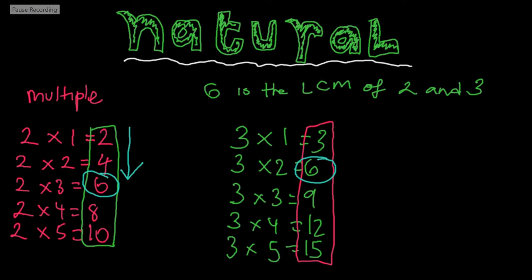Alright, so let's take another example, and this time we will be finding the LCM of 3 positive integers. So let's take the numbers 2, 3, and 5. And I'm going to go ahead and list all of the multiples of these numbers going from left to right.